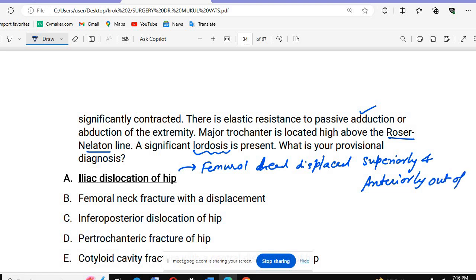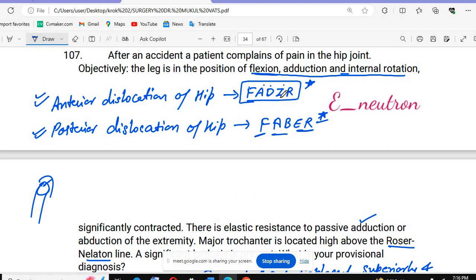We know the acetabulum is where the femoral head fits. So if the femoral head displaces superiorly and anteriorly, we call this the iliac dislocation of the hip or anterior dislocation of the hip.